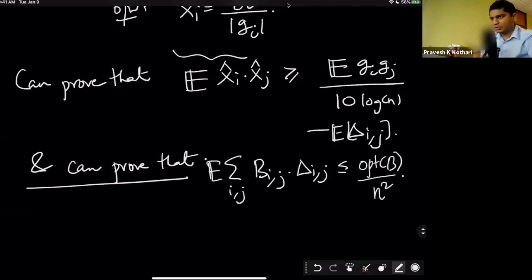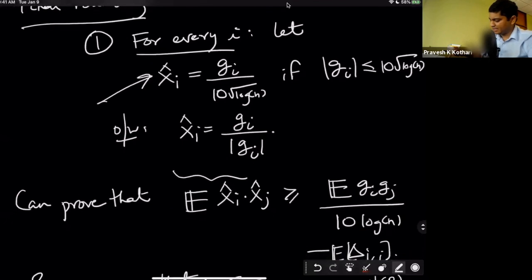So this is where you need the fact that opt of B is at least somewhat large. You just account for the error that you get from this tiny probability event.